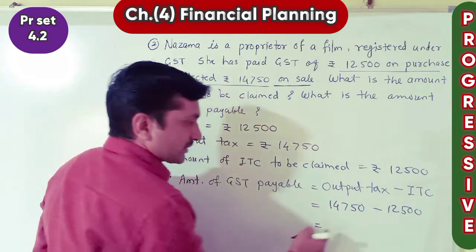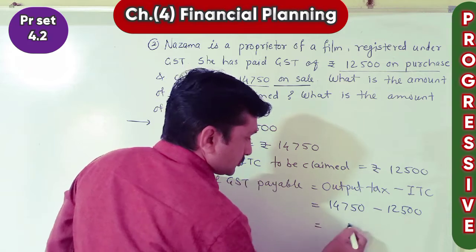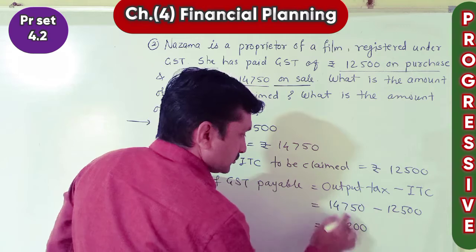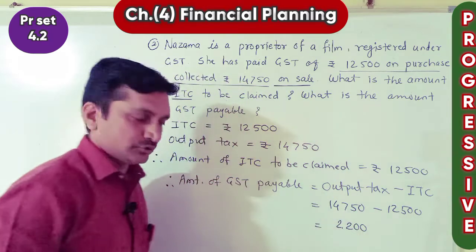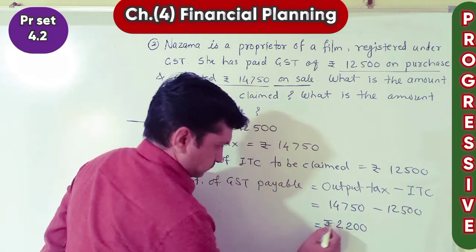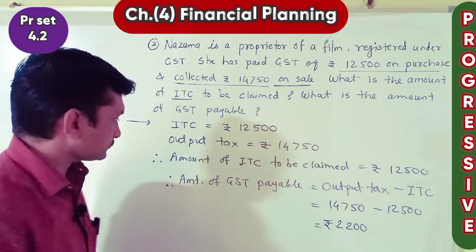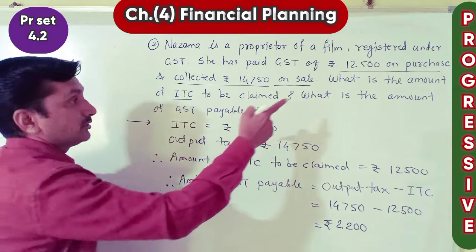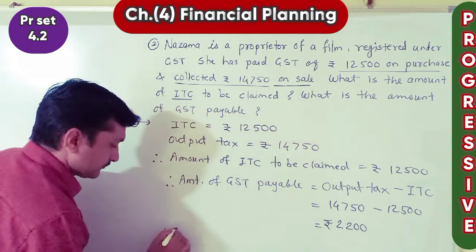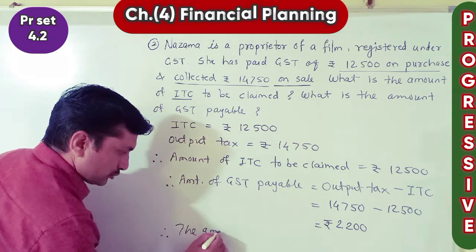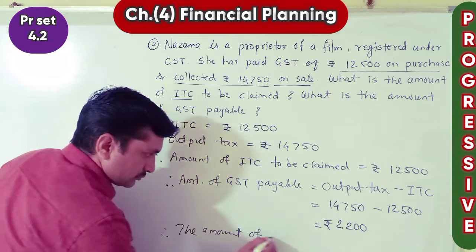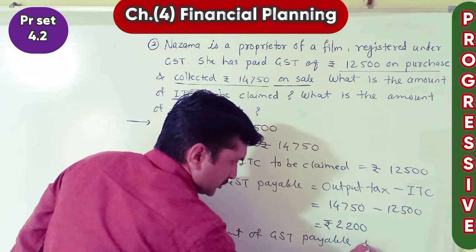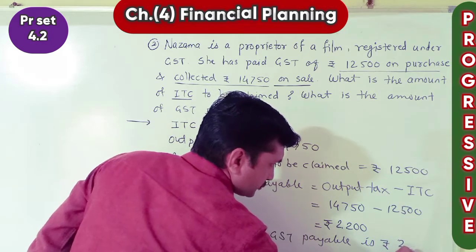Now do the subtraction, we get 2200. Therefore, the last answer: the amount of GST payable is rupees 2200.